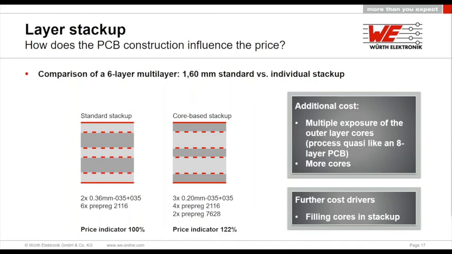This again is almost comparable to an 8-layer process because we need to handle this additional core. We have 3 cores then. We need to etch away the coppers. You still pay for the copper, even if we have to etch it away. You do not see it in your build-up, but this creates cost. So again, just another hint: come to us, talk to us if we can avoid this by creating an intelligent stack-up.